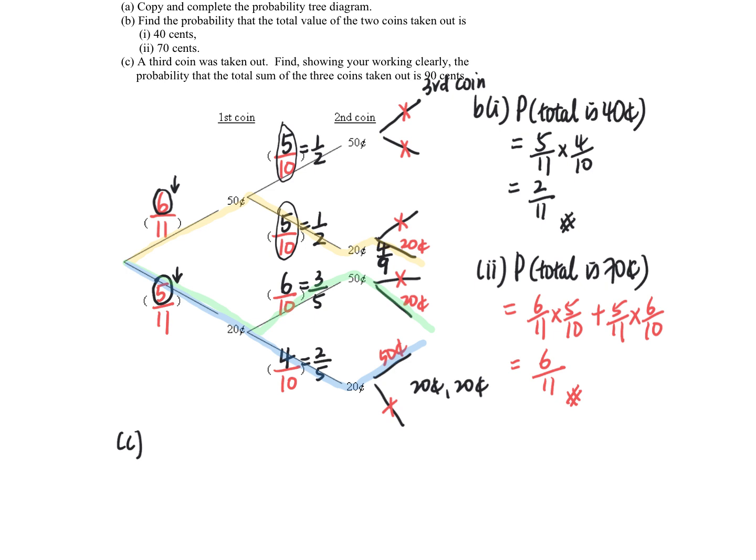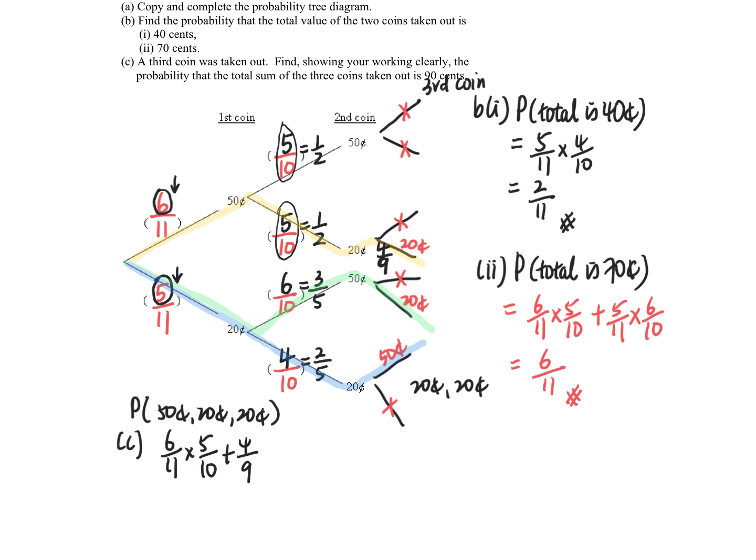Again, the first one I pick is 50 cent, no impact to my 20 cent. The second one I pick is a 20 cent. I started off with 5 20 cent. I take out 1, so left with 4. Okay, so this is my first branch. 6 over 11, 5 over 10, 4 over 9. This is my 50 cent, 20 cent, 20 cent branch.